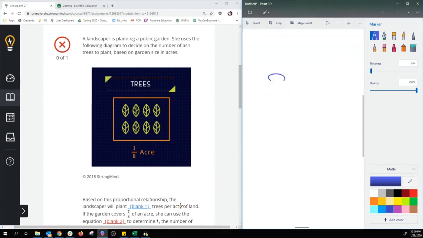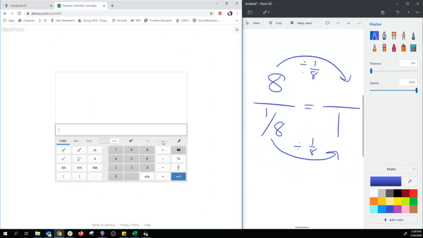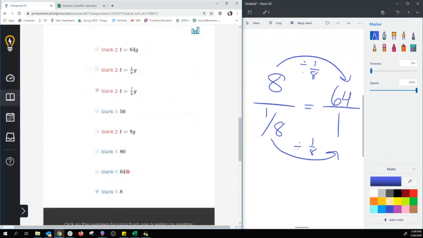If I plant 8 trees for every 1/8 of an acre, and I want to know how many trees I plant to get to 1 acre, I'm going to divide top and bottom by 1/8. So 8 divided by 1/8 gives me 64. So for blank 1, I can plant 64 trees for every 1 acre.